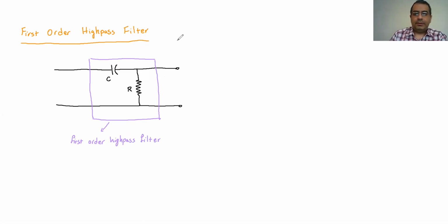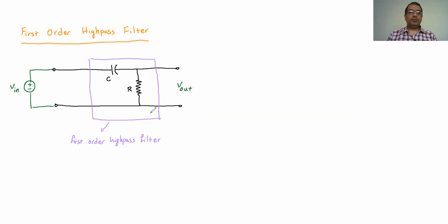So if, for example, I connect any input signal to that filter, like this, then whatever I'm going to get here is going to be the signal filtered out with this circuit. And this is going to be the high pass.